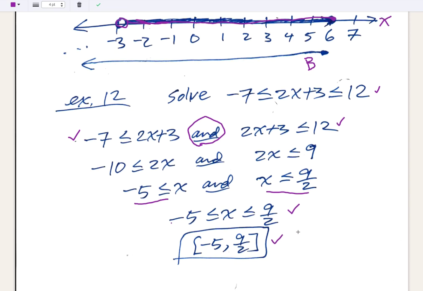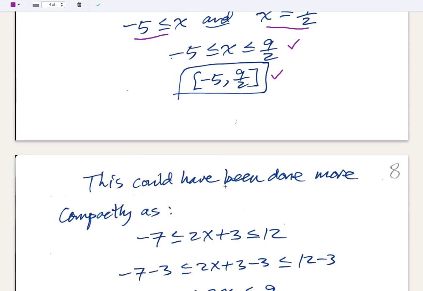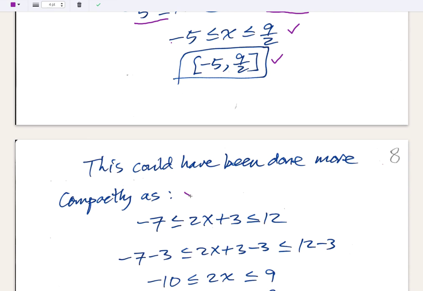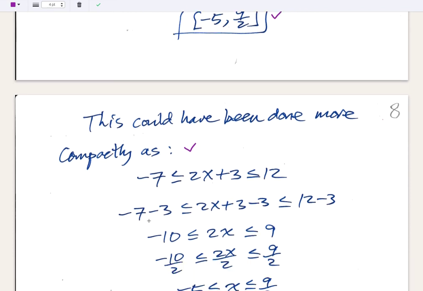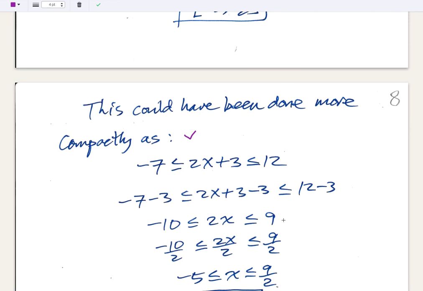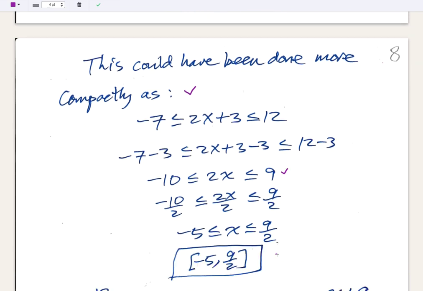All right? This was kind of a long way, breaking this up into two inequalities. This could have been done more compactly by just writing this: subtracting my 3 all the way through the inequalities, like this, and then dividing by 2 all the way through.